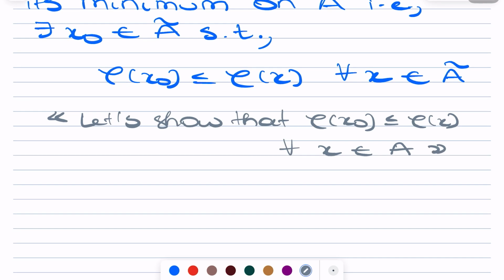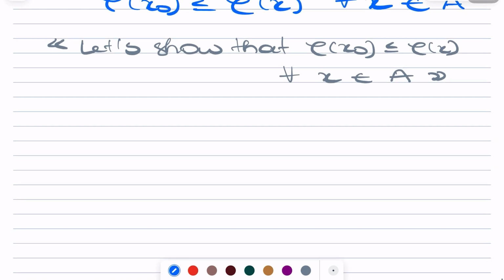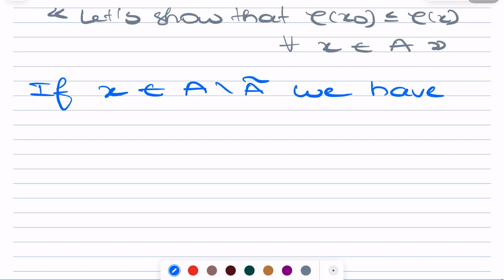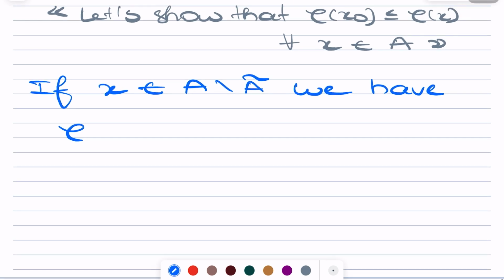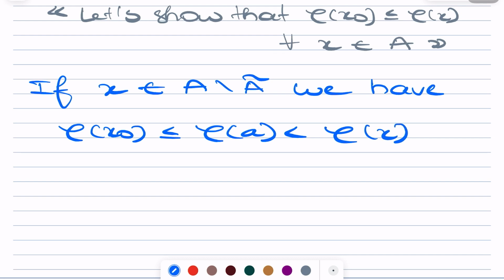So if you give me an element x in A that is not in A tilde, by definition of being in A and not being in A tilde, you have phi of x0, which is obviously less or equal than phi of a, is strictly less than phi of x.